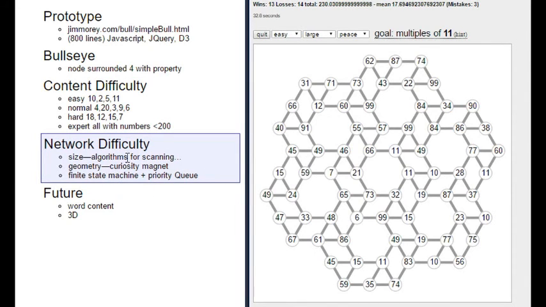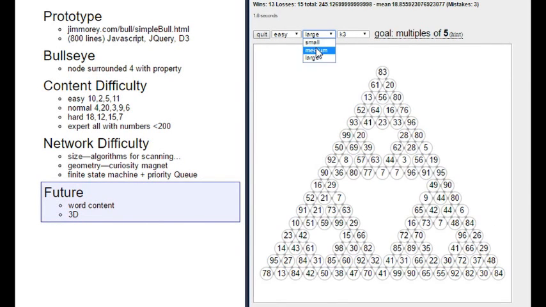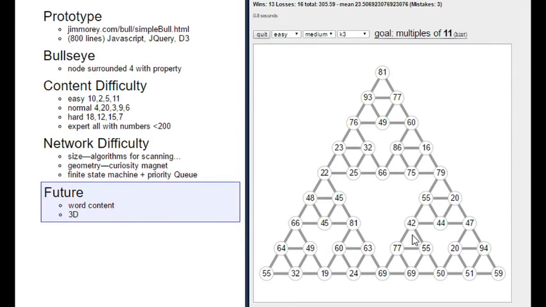Now, the future of the prototype will of course be, rather than having these drop-down menus, a more level-driven thing where people have some sort of leveling up to gain more of these interesting geometries, so that they want to win to explore some new things.